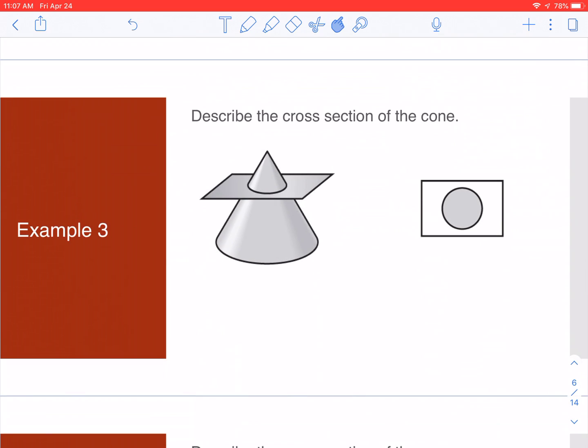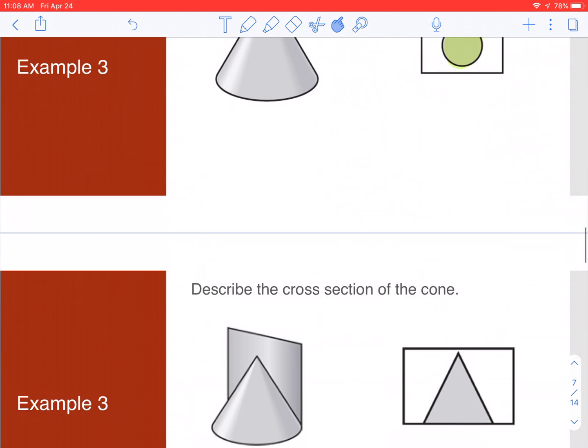Okay, so if we just look at the cone here, and I cut it completely horizontal, like so, with that plane, I get that shape right there. I'll highlight it. And that is a circle.